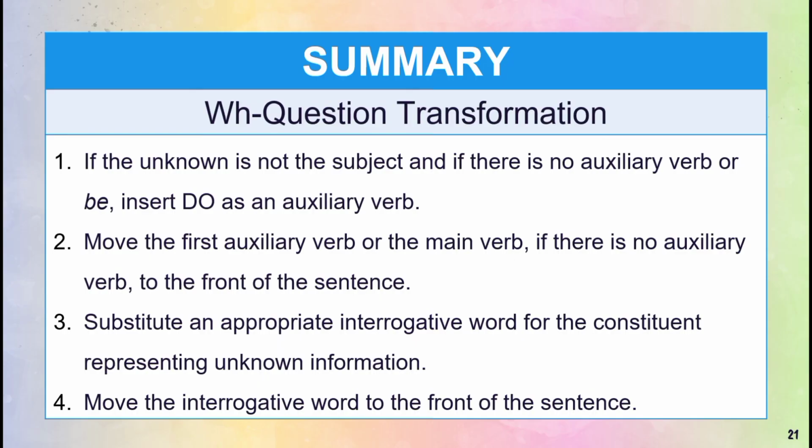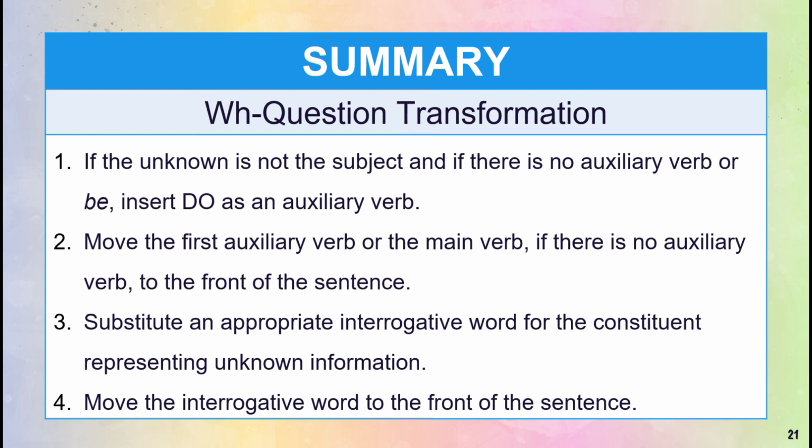WH question transformation: if the unknown is not the subject and if there is no auxiliary verb or be verb, insert do as an auxiliary verb. Move the first auxiliary verb, or the main verb if there is no auxiliary verb, to the front of the sentence.